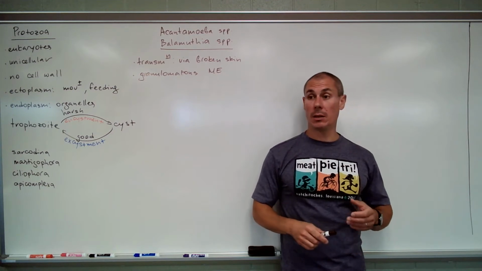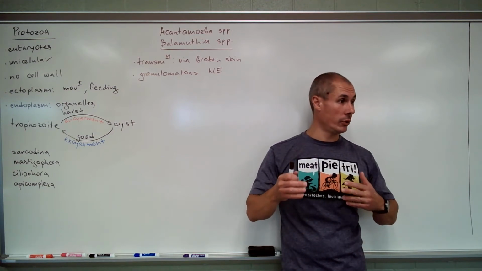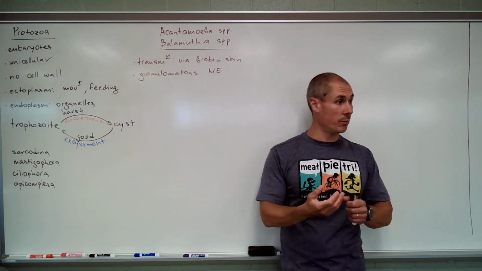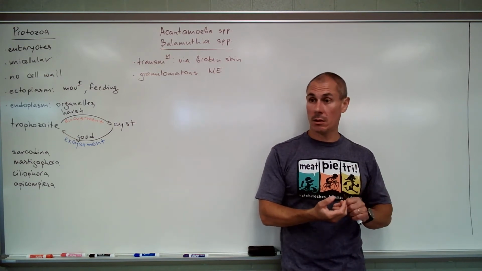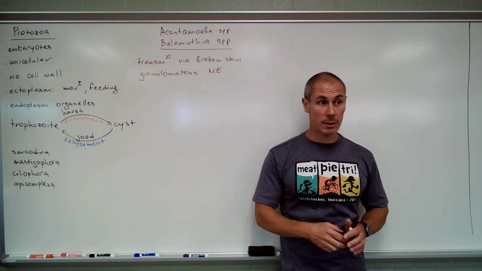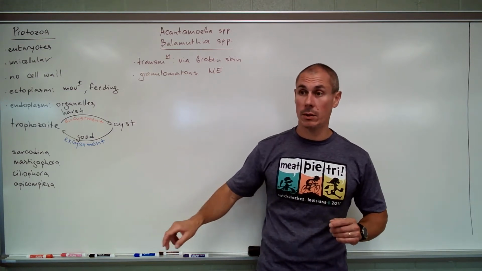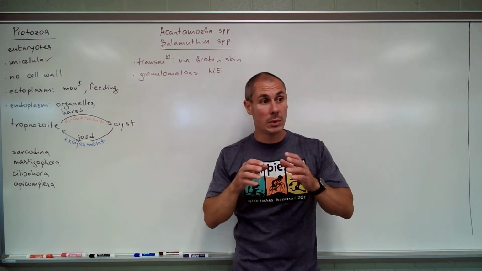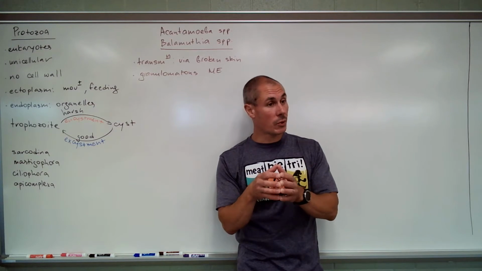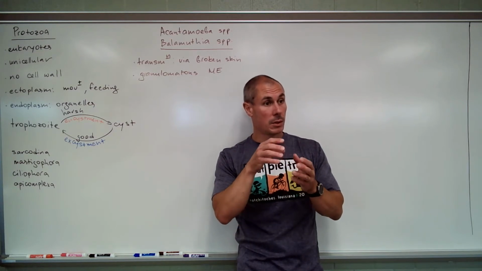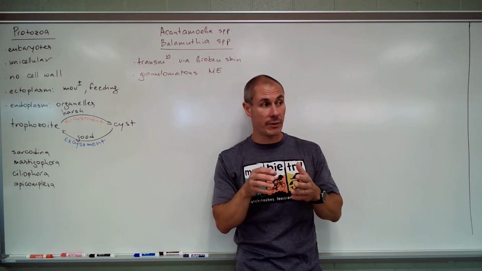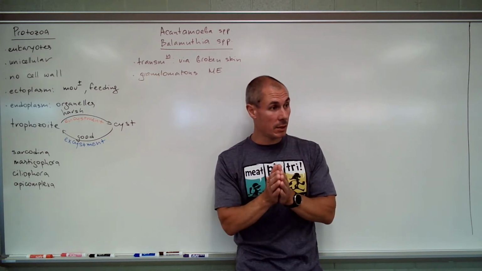But basically, if you break down the name, meningoencephalitis refers to the inflammation of meninges and brain tissue. Does that make sense? And granulomatous means that the immune system tries to restrict this inflammation, and it forms granulomas around the areas that are infected. Am I making sense here?